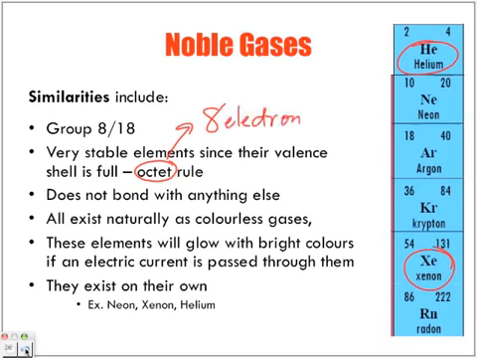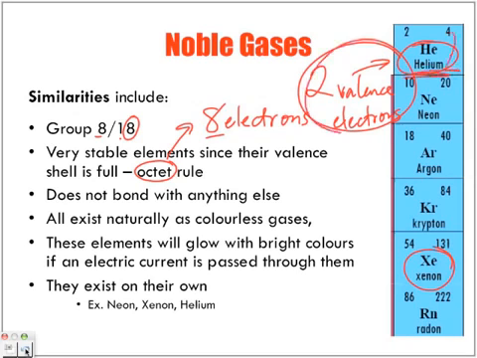Notice the 8 from 18, and that's why we refer to it as group 8 or group 18. With the exception of helium, which is the only one whose number of valence electrons is 2. Please remember that this one is the only exception to that rule.